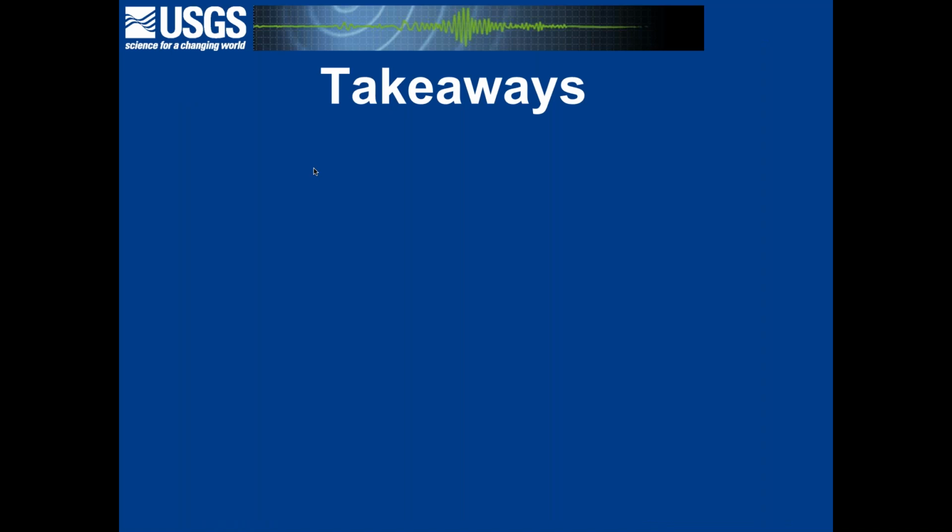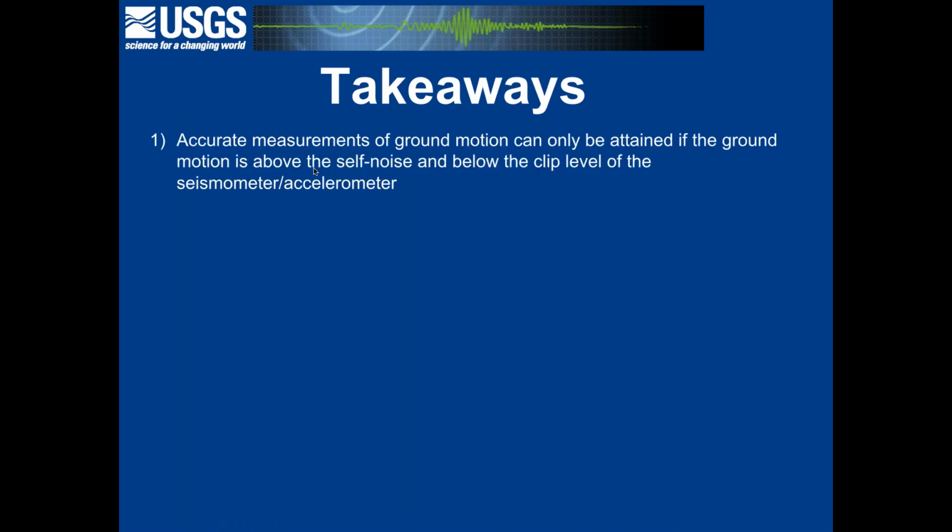I think I'm running a bit over time here, so I'll just quickly go through the takeaways. Accurate measurements of ground motion can only be attained if the ground motion is above the self-noise of the sensor and below the clip levels of the sensor. So if your signal is not within the dynamic range of the sensor, you're not going to record it.